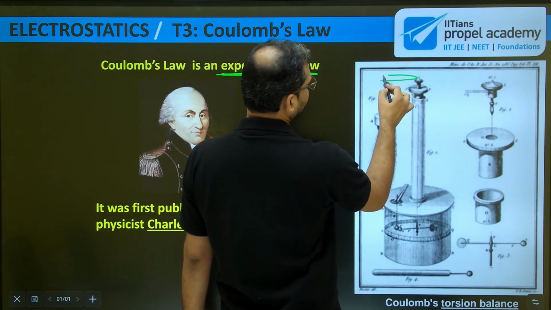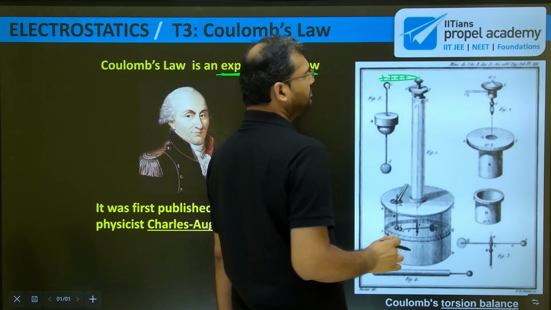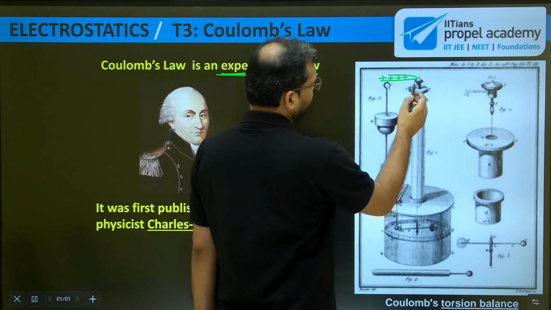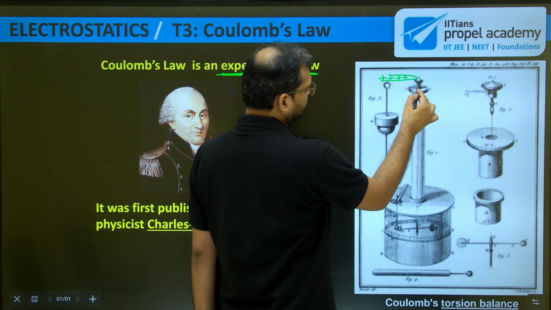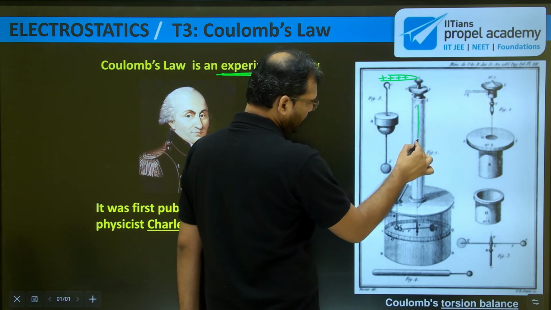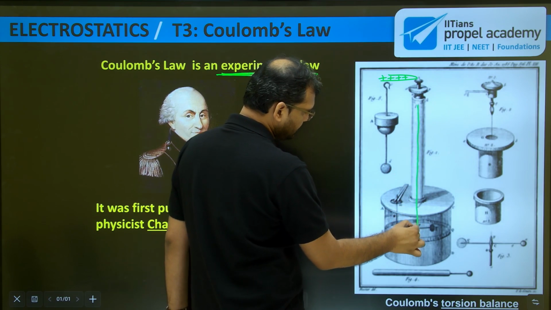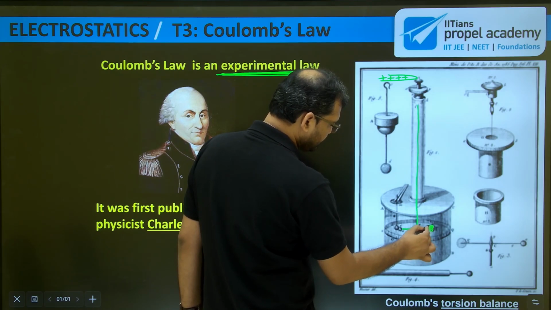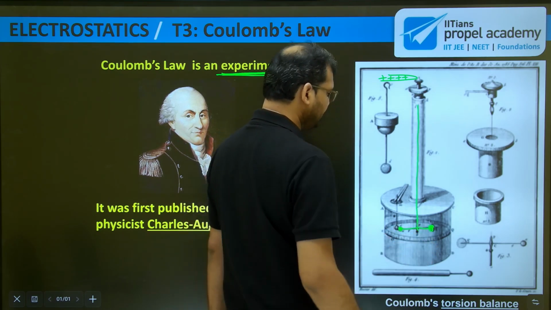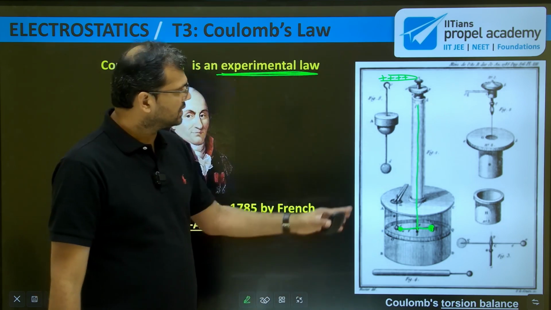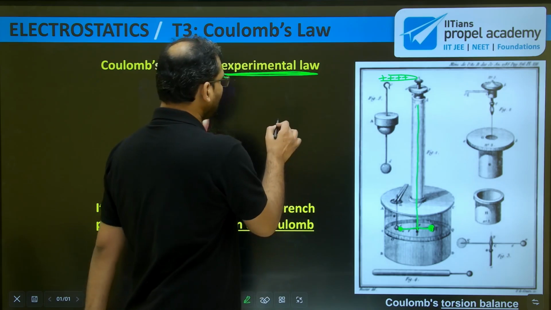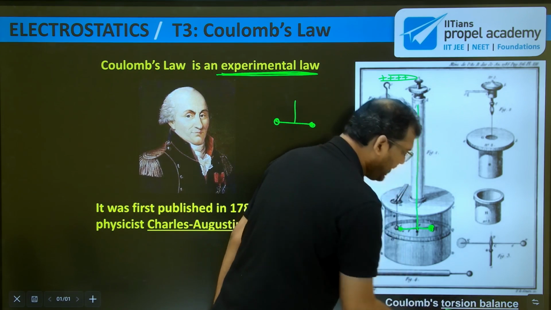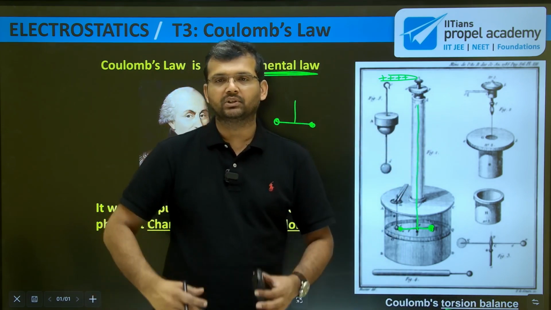Let us say from a charged glass, you can transfer the positive charges through this cable, and at the edges what you have is two metallic spheres. This is what you call a torsion balance or torsion pendulum.